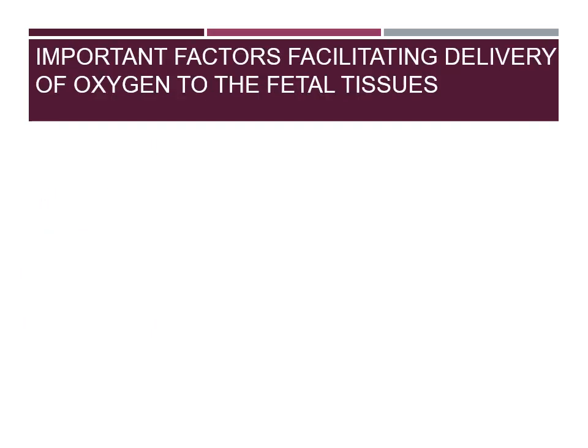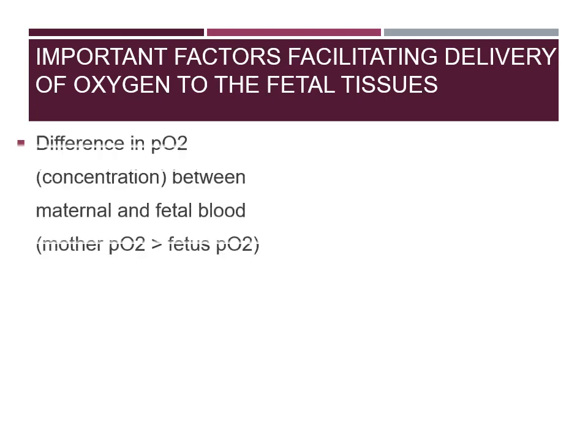Among the important factors that facilitate oxygen delivery from the maternal to the fetal circulation is the difference in the partial pressure of oxygen between the maternal and fetal blood. Although the difference is not very large, it's only about 20 millimeters mercury, between the maternal, which is about 50 millimeters mercury, and the fetal, which is about 30 millimeters mercury.